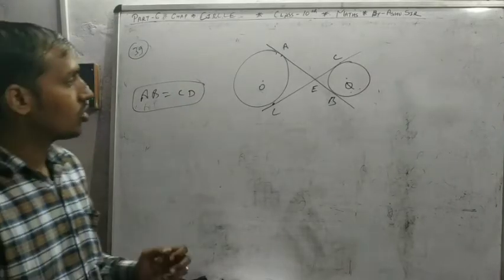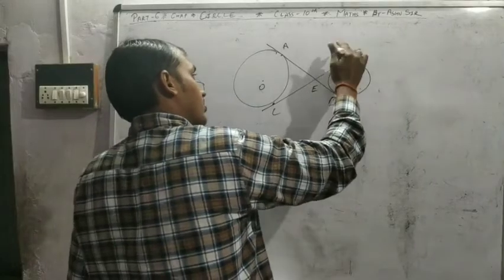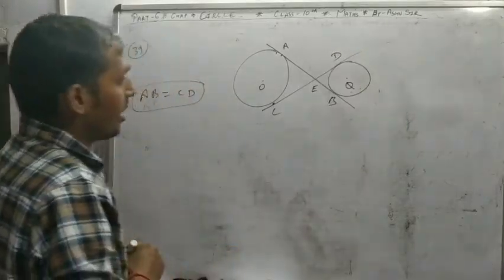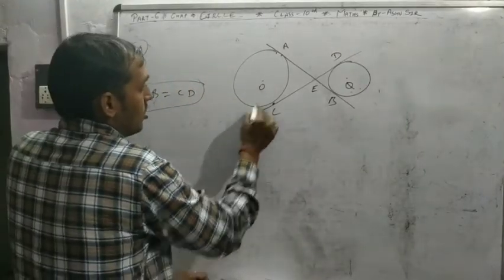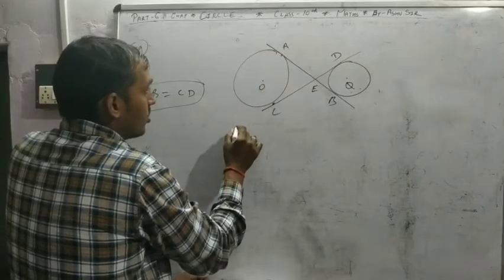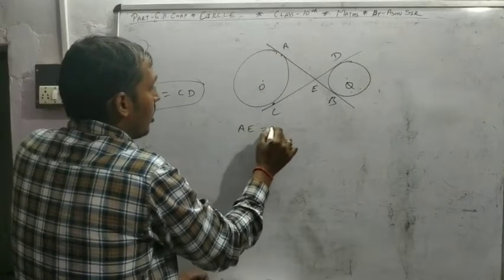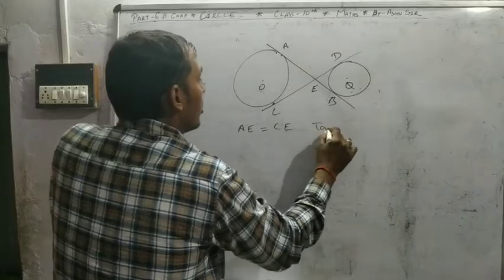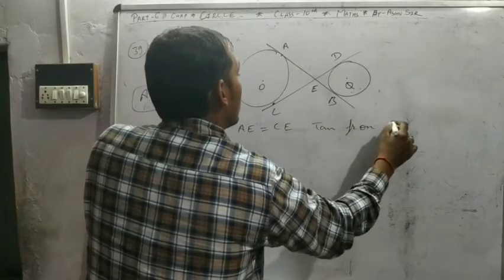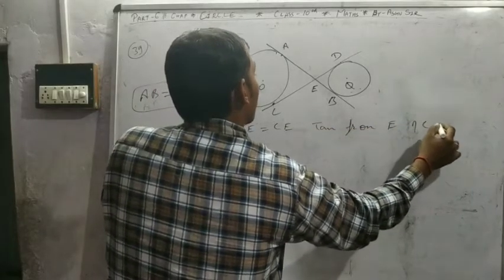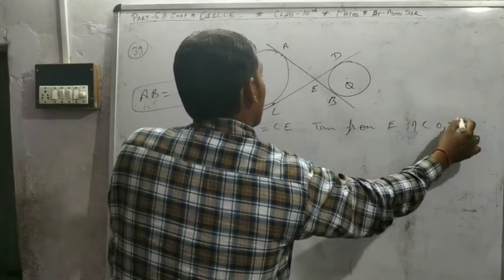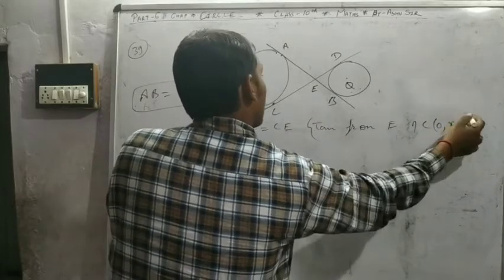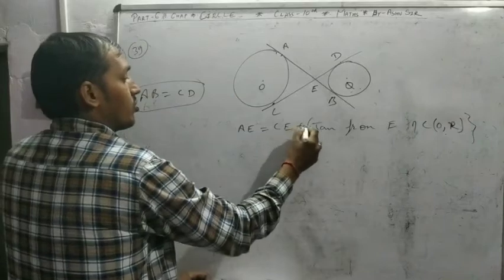If AB and CD are the common tangents, so we can directly say for the small circle AE is equal to CE, tangents from E of circle center O, radius R. First equation.